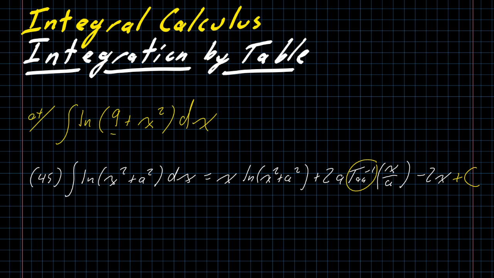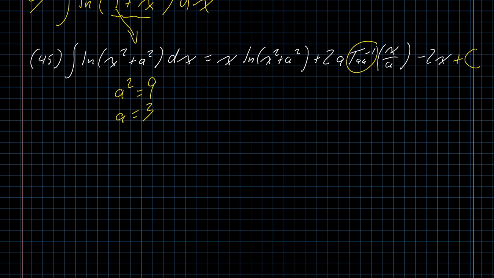But other than that, since I have addition going on here, it doesn't matter the order. So I just need to notice that a squared is 9, which means that a itself is 3. And then I can plug in, and that's my solution.